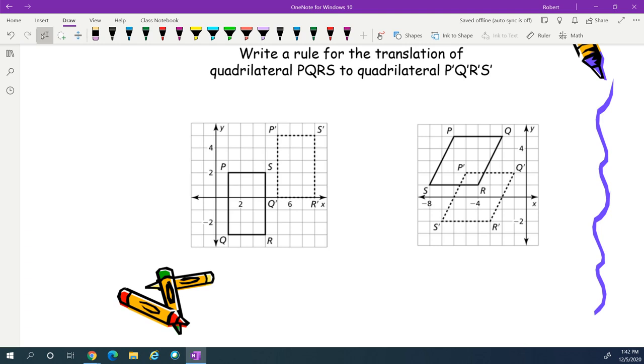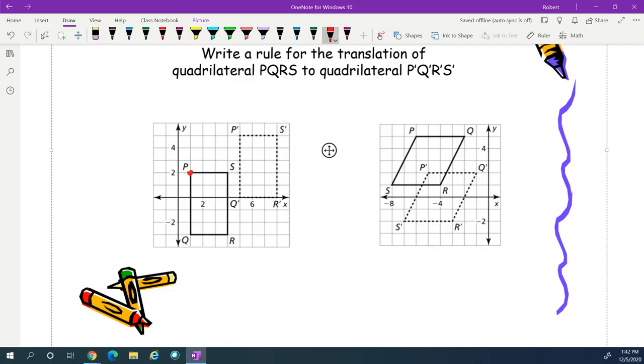Well, we know every vertex has to move exactly the same way. So we don't have to do all four corners. We have to pick one corner. P moves to P prime. You want to use S? That's fine. S moves to S prime. It does not matter. I'm just going to pick one that I can clearly see. P to P prime.